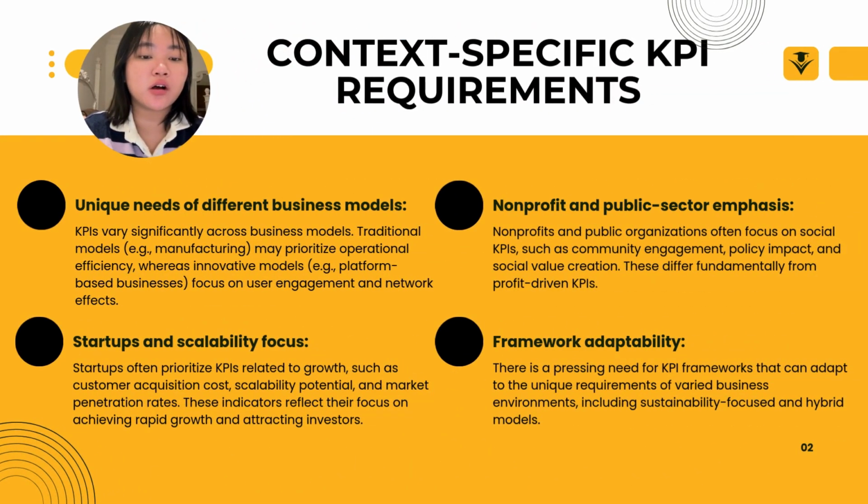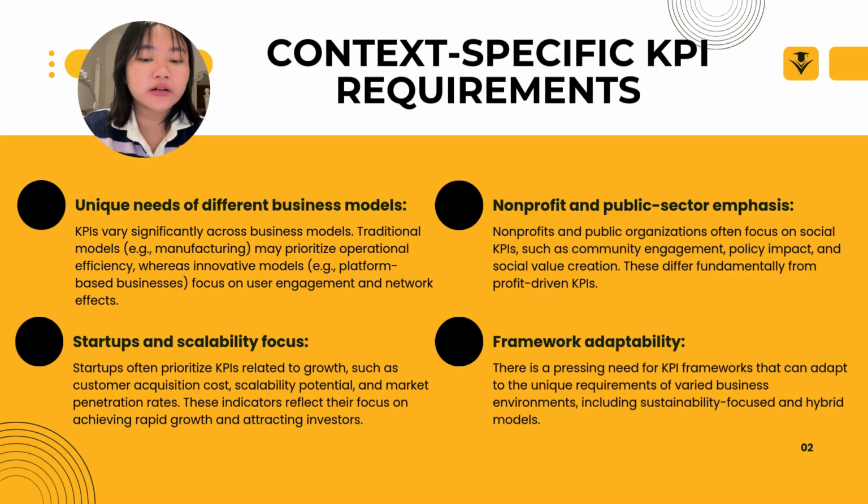So next we talk about context-specific KPI requirements. So there's some things to explain here. The first one is unique needs of different business models. So KPIs vary significantly across business models. Traditional models, like for example manufacturing, may prioritize operational efficiency, whereas innovative models, like for example platform-based businesses, focus on user engagement and network effects.